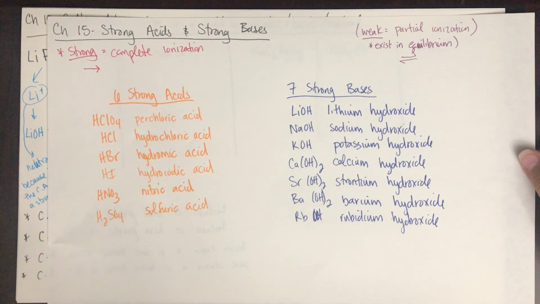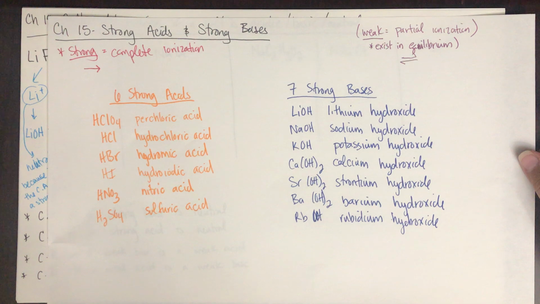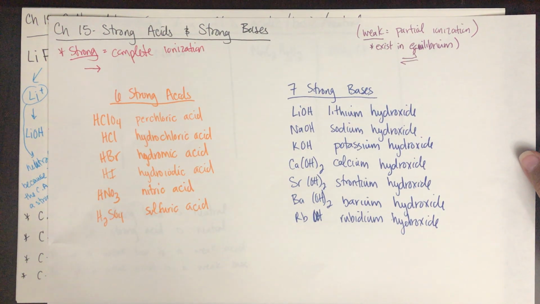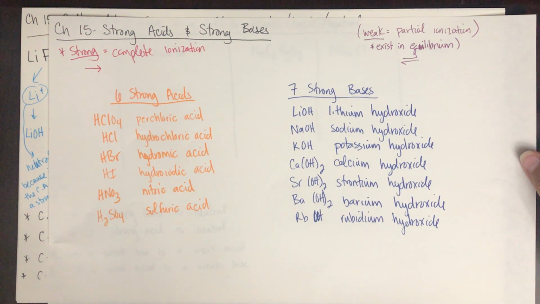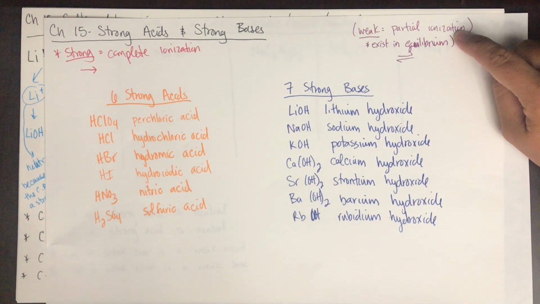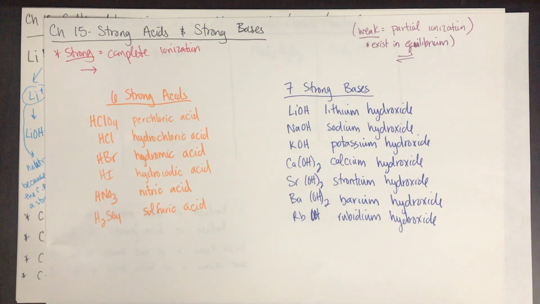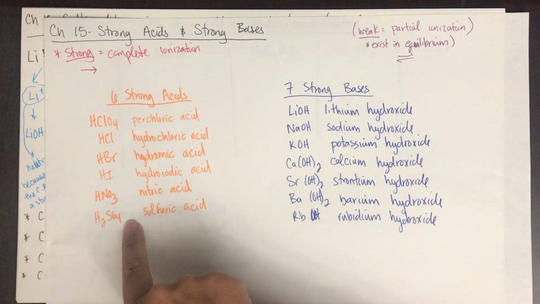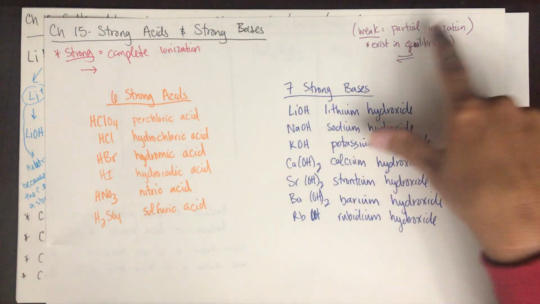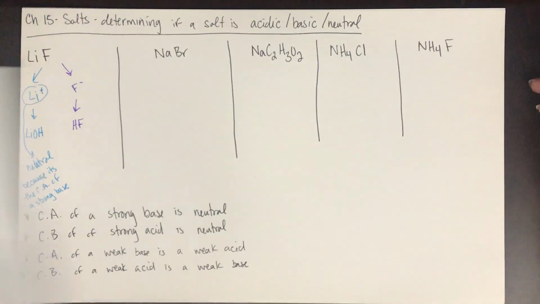Even though fluorine is the most electronegative element, and electronegativity has to do with determining strengths of acids, because of its size, hydrofluoric acid exists in equilibrium. It is a weak acid. All you need to know is that HF is not on this list of strong acids, which means HF is a weak acid.